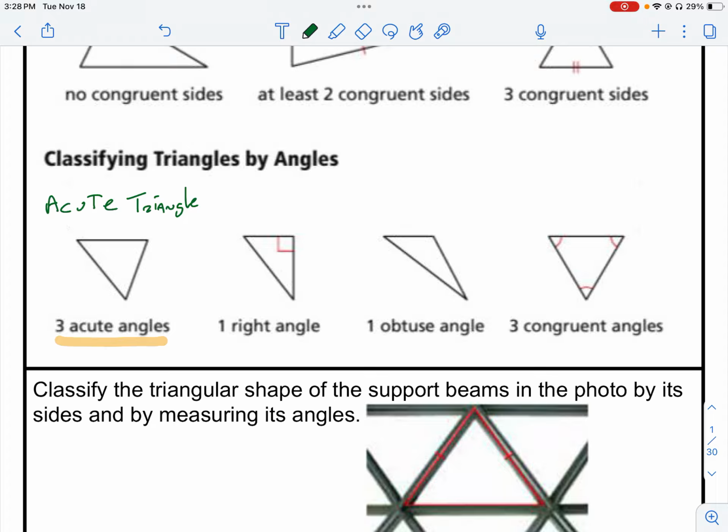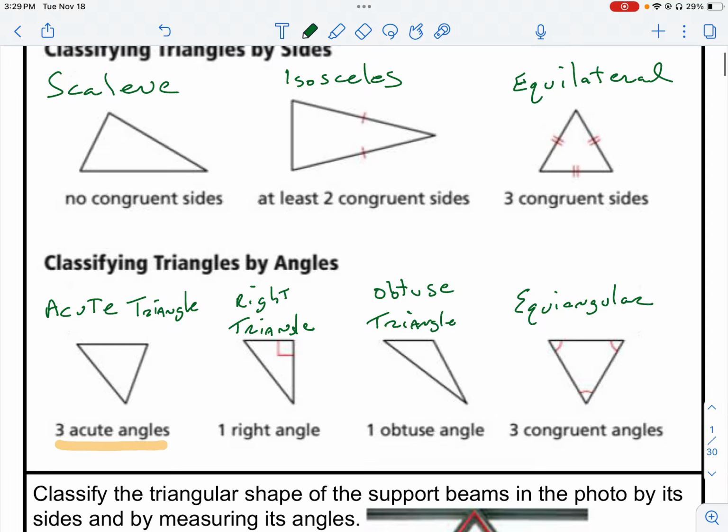If we have one right angle, then it is a right triangle. If there's an obtuse angle, it's an obtuse triangle. And if we have three congruent angles, it is equiangular.